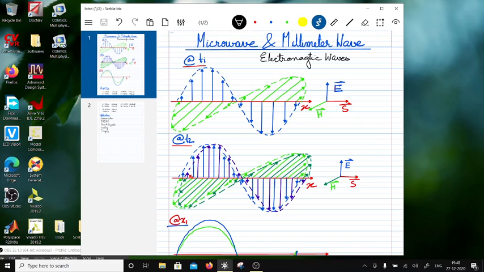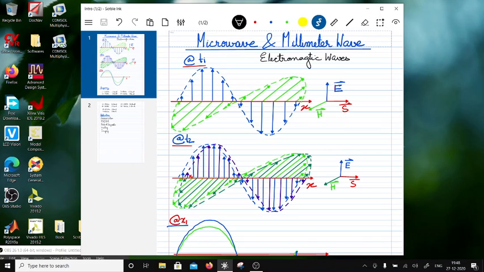What I'm showing over here is, in blue we have the E field, and in green we have the H field. E and H are perpendicular or orthogonal to each other in, let's say, the y-z plane, and the x axis is the direction of propagation, as I have marked here, right? Now the way to imagine is, let's freeze it in time.